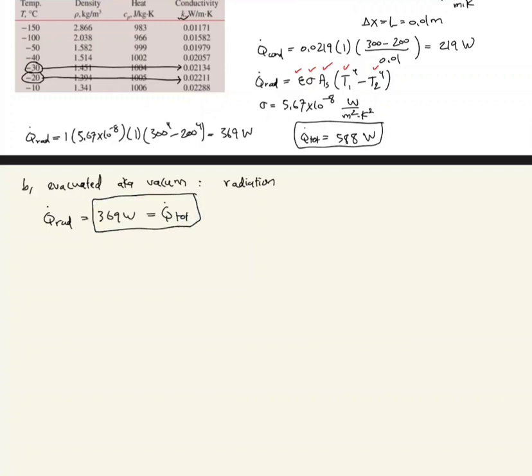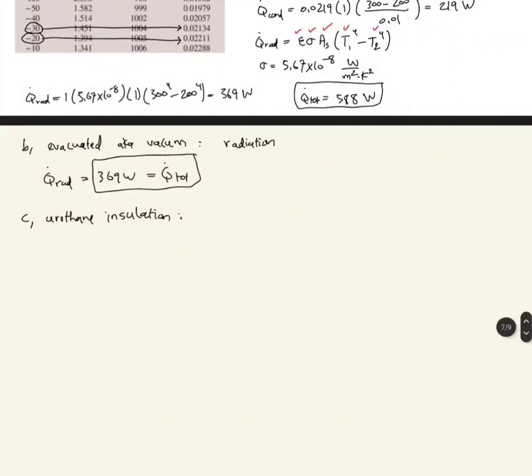That's it. For case C, they're saying that if it's filled with urethane insulation, because it's insulated, there is no radiation. It's only conduction. So this is pure conduction, okay? Why it's conduction? Well, we have one plate, we have two plates, right?